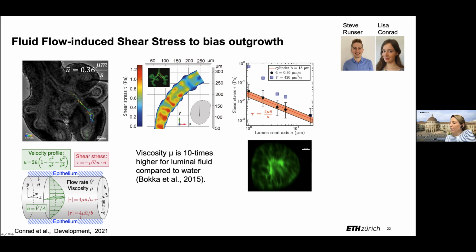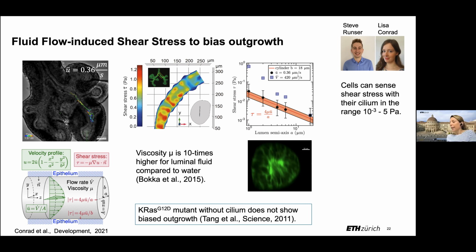As I said before, we can't quantitate this accurately with fluorescent microscopy, but we can be certain it's less than 20 micrometers. It's probably just a few micrometers. And for this entire range, we're getting shear stress levels that are within the range that cells can sense. And quite nicely, consistently, there is a mutant, KRAS G12D, which doesn't have a cilium and which doesn't show biased outgrowth of lung tubes.